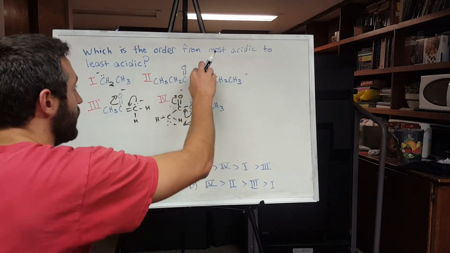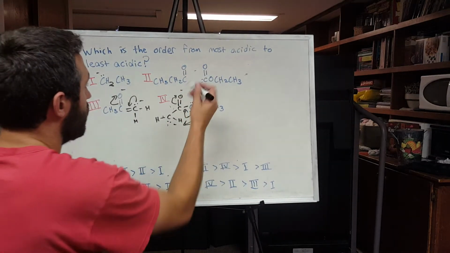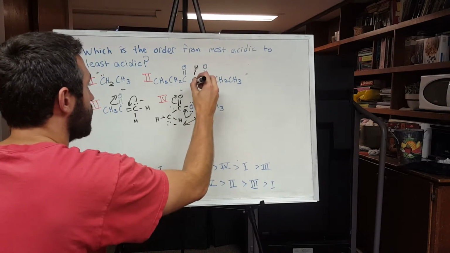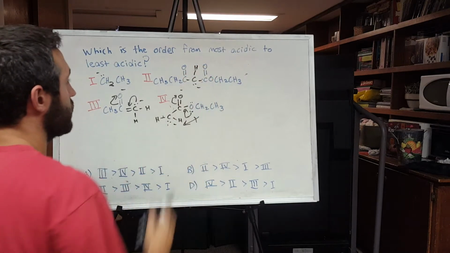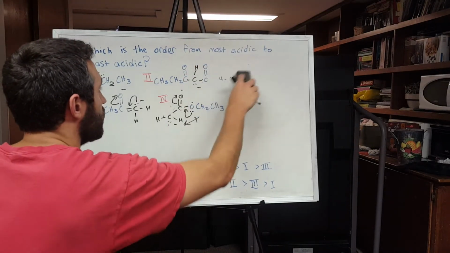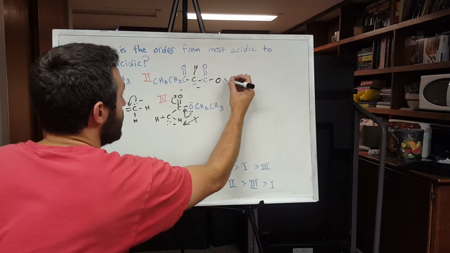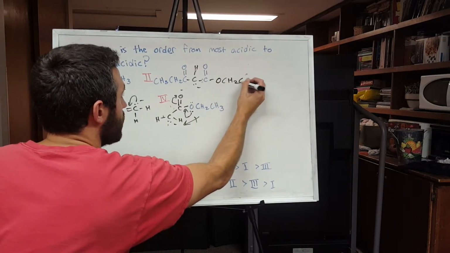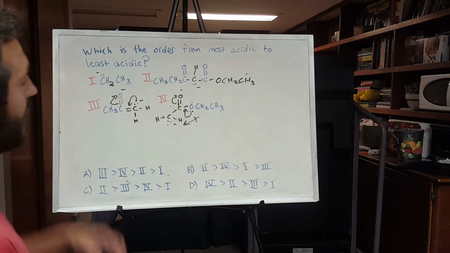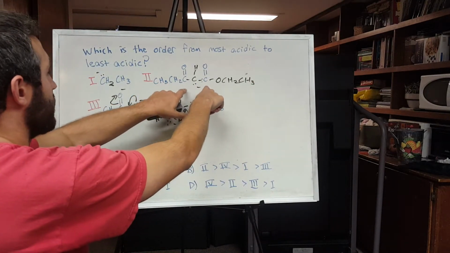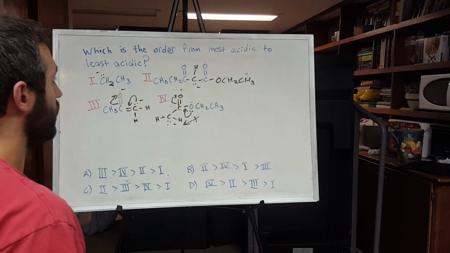Let's look up here. So we had CH, here, minus charge. For these carbonyl compounds with the alpha carbon acting as acid, anytime you have two carbonyls on either side, it always increases the acidity.